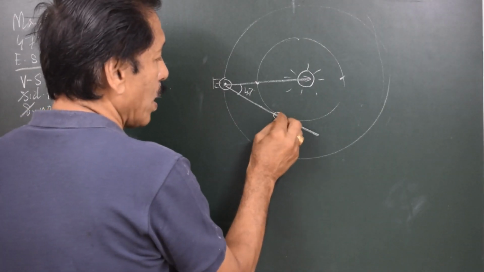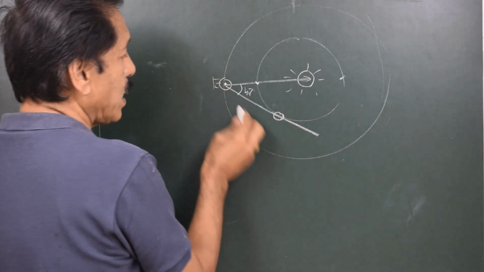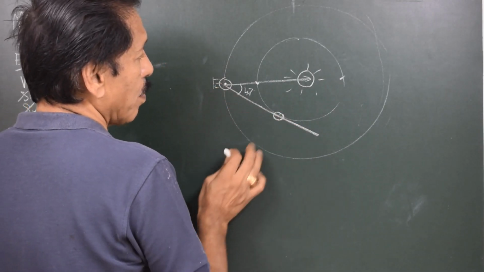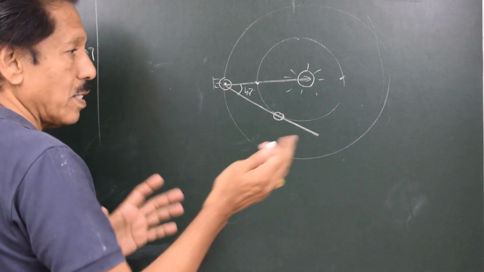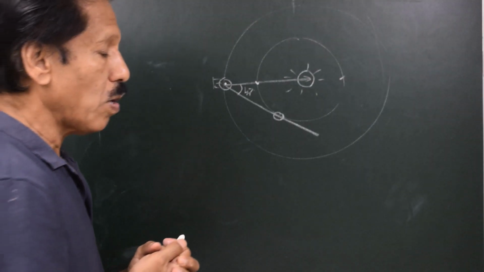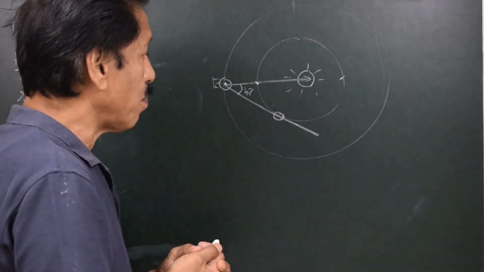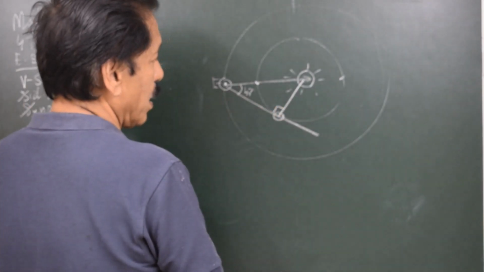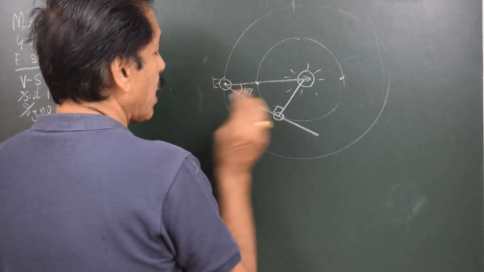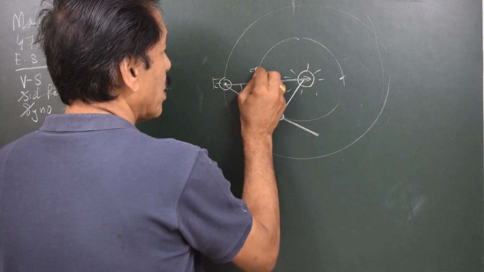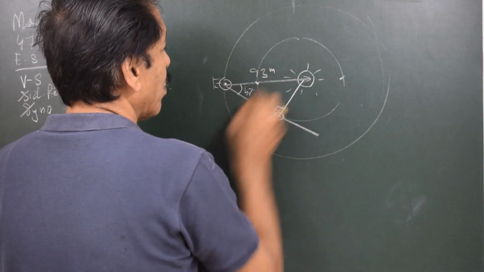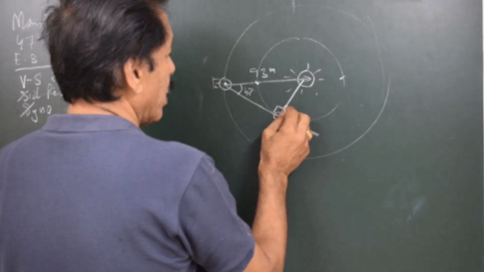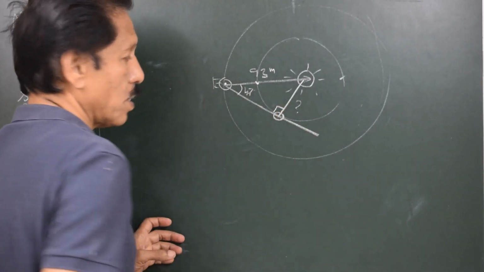While Venus is here at the tangent drawn from the Earth, mind you, we are doing the calculations in the plane of the ecliptic because elongation is the angle measured in the plane of the ecliptic. Can we say that this angle is 90 degrees? If this angle is 90 degrees and we know this distance is 93 million miles, we should be able to find out this distance.